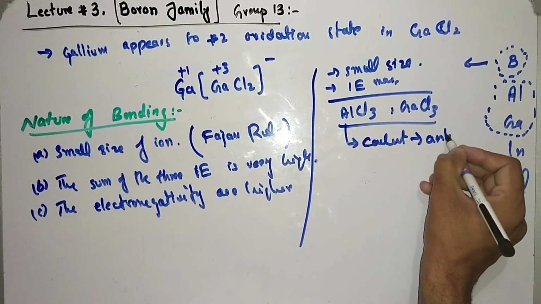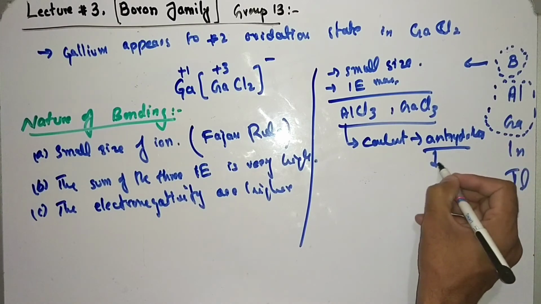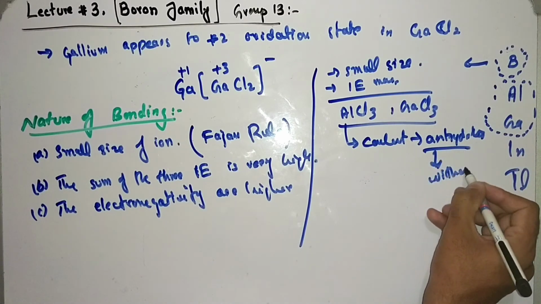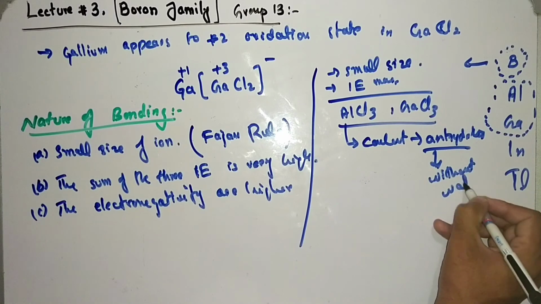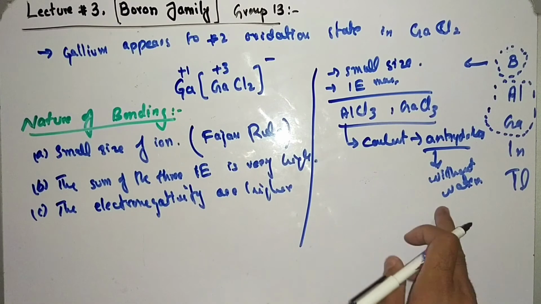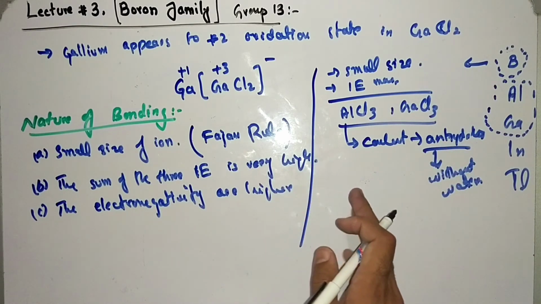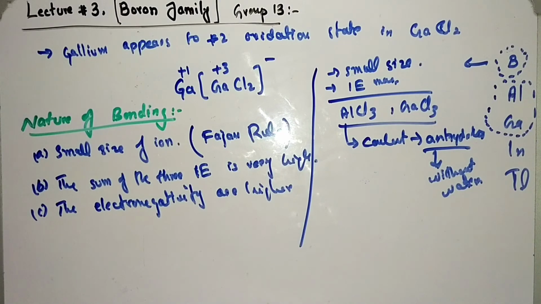What is meant by anhydrous? Anhydrous means without water, so they are not in aqueous solution. You can also take it to mean that they are in crystalline or solid form. In anhydrous form, the bonding in aluminium chloride and gallium chloride will be covalent in nature.